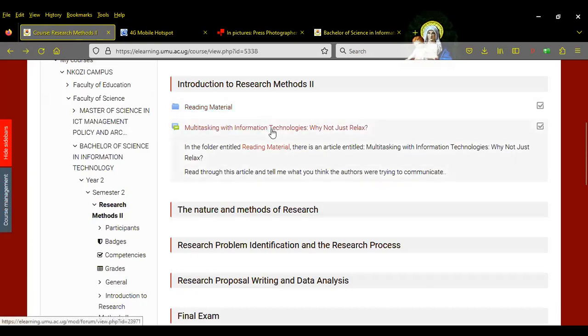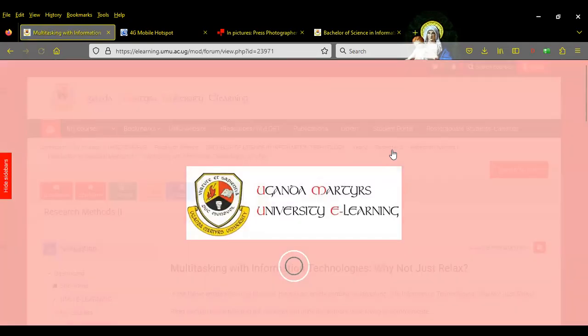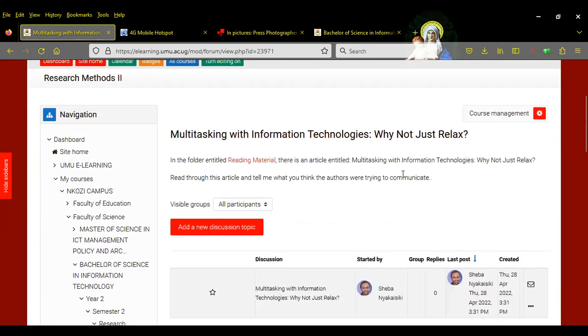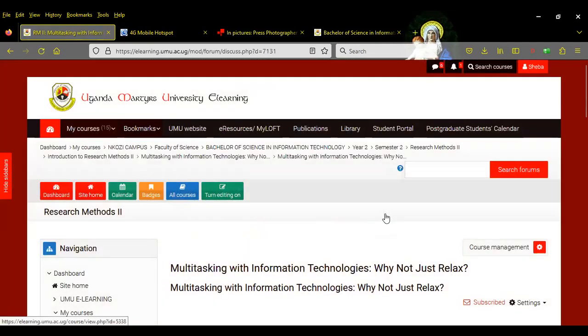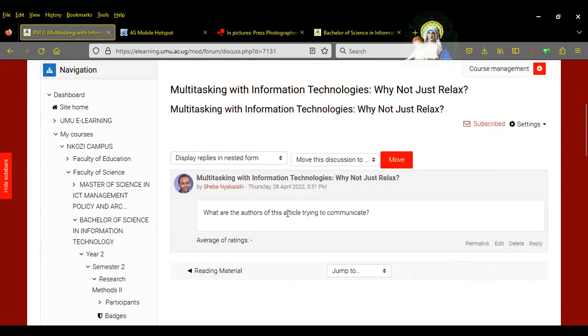Then, in addition to that, there is a discussion forum. Your participation in this discussion forum also adds to your marks. So please participate, okay? It is about that research article, and I'm just asking a very simple question in it. What are the authors of this article trying to communicate?